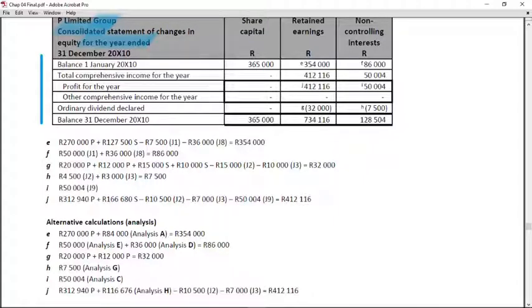In the consolidated statement of changes in equity, you have two distinct sections. You have a column only for your non-controlling interests, being a specific, separate equity participant in this group. The other equity items all represent the equity attributable to the owners of the parent.